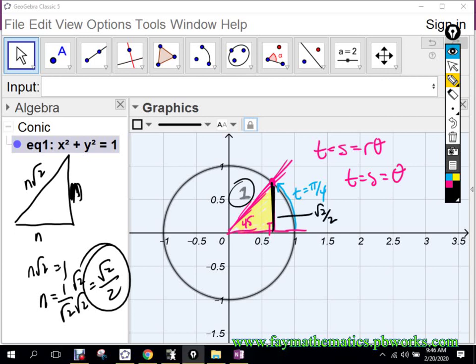Is it also that distance there? Which correlates now to that distance, right? Now think about this, and this is why I did it in GeoGebra, we're always inside the coordinate plane, right?